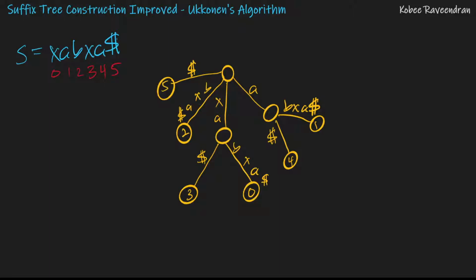Say you wanted to add another character to this string after you've already constructed the suffix tree. In the trivial implementation, you'd have to build the entire tree again because you'd have to add that y to all of the current leaf edges. And that's also a problem in Ukkonen's algorithm if he didn't include a trick for it.